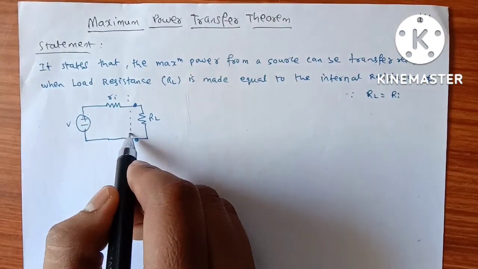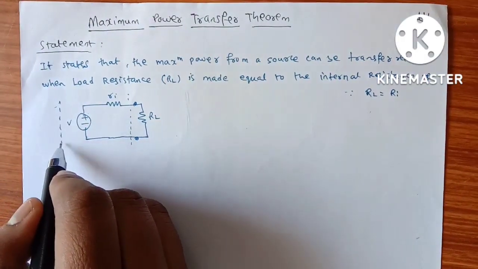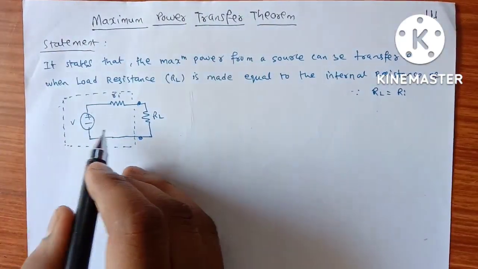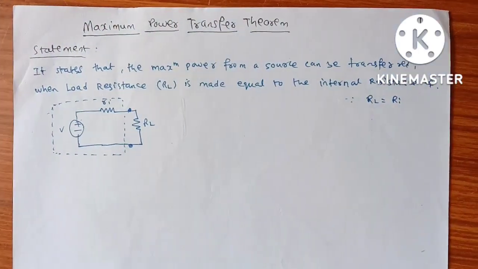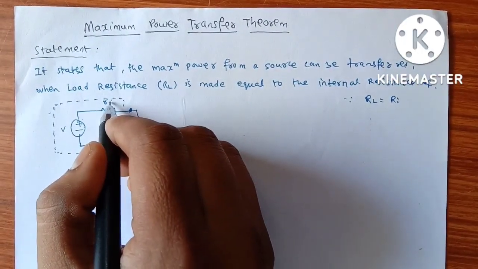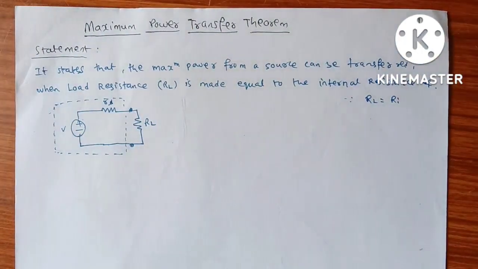So up to here, this is the circuit we want to simplify for the problems. Let it be R, here simply R. So I am taking R here.